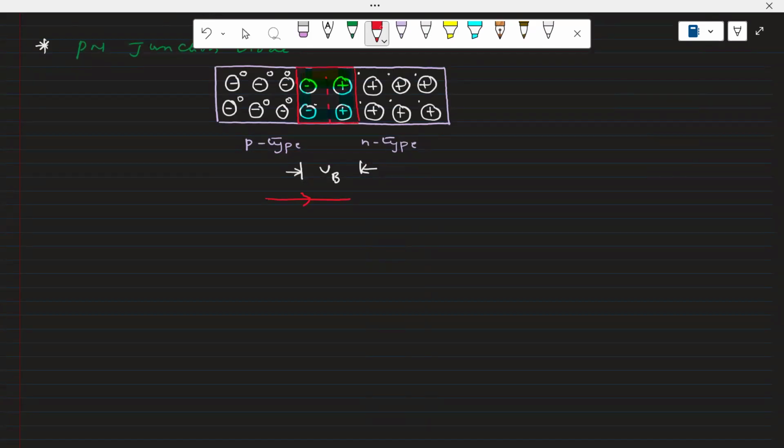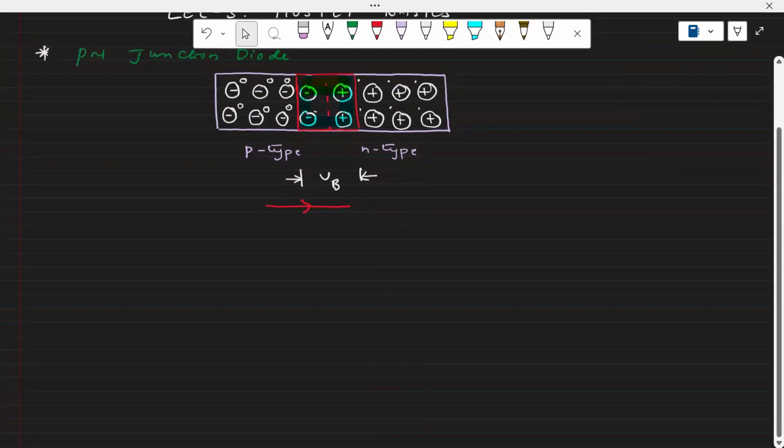So if the current is moving from one direction to another, definitely we can call it a forward bias. If the current is blocked, for example, it's not going, then we say it is a reverse bias. The question is when it is forward biased, and when it will become reverse biased.